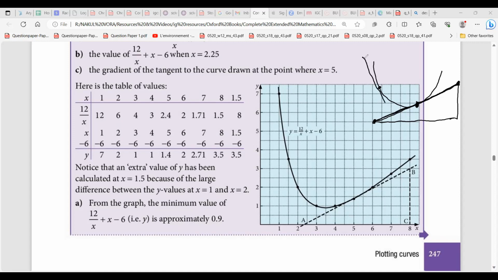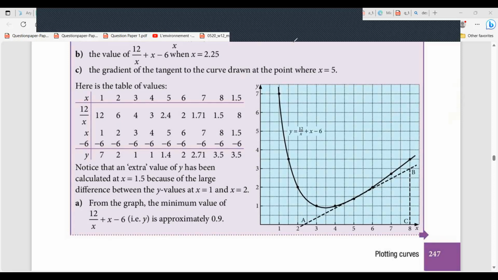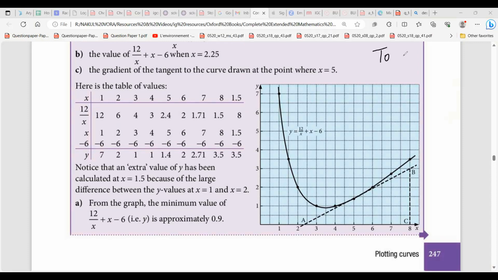Make a tangent at that point and find out rise upon run for this part. Clear? Are you getting it? So for a curve, you can have multiple gradients. And to find a gradient in a curve, you will do the following process. To find gradient of curve.